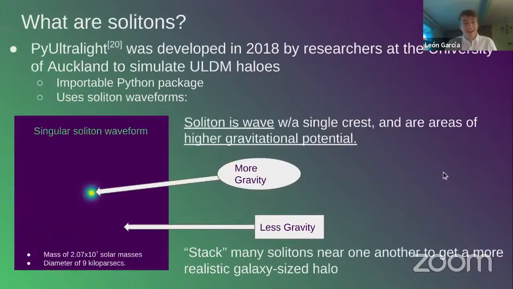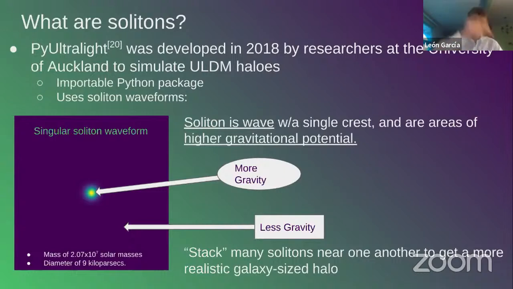And I'm going to get into a little bit more depth on what this model is, but there's no need to understand completely everything that I'm saying in the next couple slides. So don't feel bad if you get lost by the wordiness of what I'm saying here. So I'm using this thing called a soliton, or a wave with a singular crest.